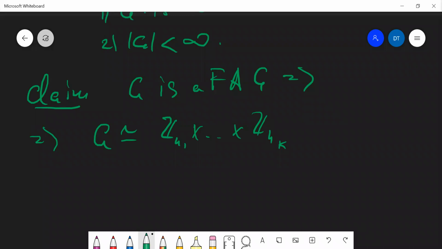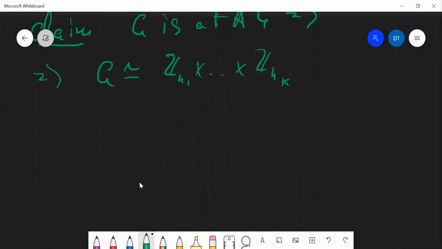But somehow, if you have a commutative group with finitely many elements, you can always provide an isomorphism to a product of cyclic groups. For example, let me give you an example.